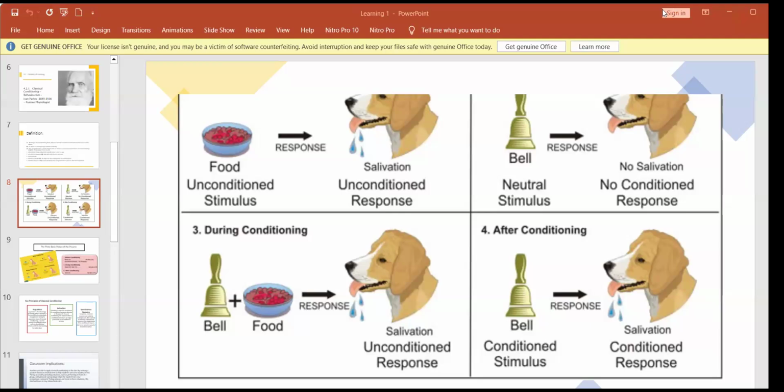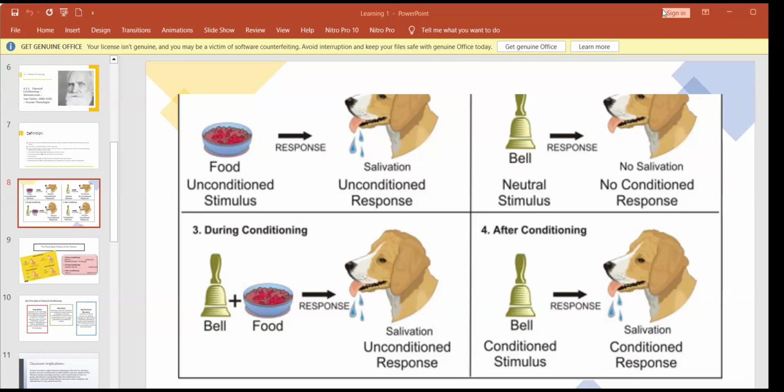So you have learned it. So the unconditioned is not learned, it's natural. So the natural stimulus or the unconditioned stimulus is the food. And the natural response or the unconditioned response is salivating to the food.